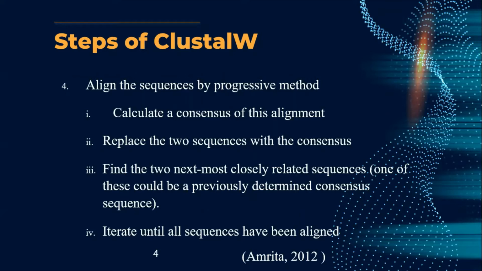What exactly happens in the progressive method is firstly, it would calculate the consensus of this alignment. It would then replace the two sequences with the consensus, and it would find the two next most closely related sequences, and these sequences could be a previously determined consensus, and it would then iterate until all sequences have been aligned.